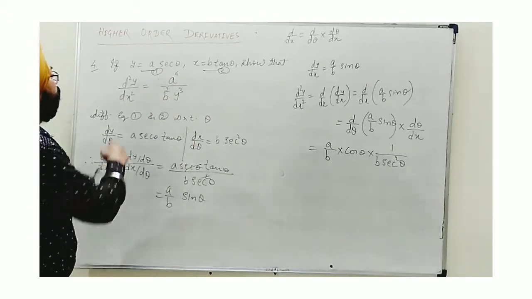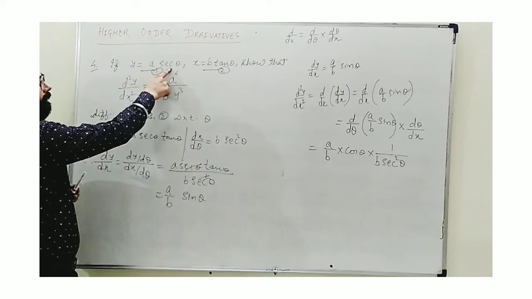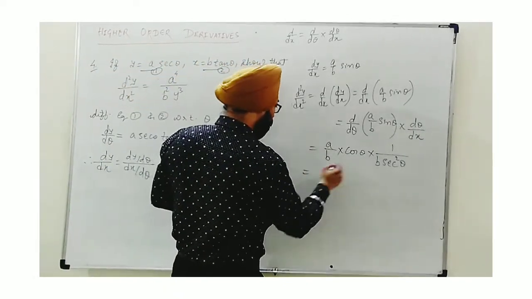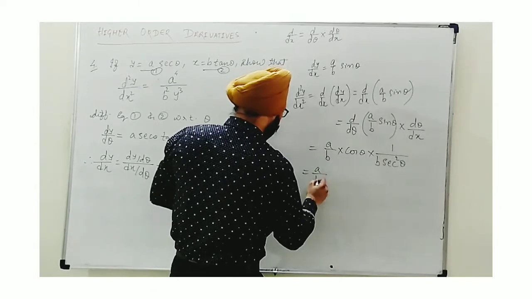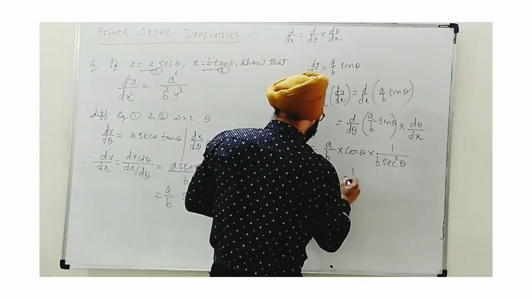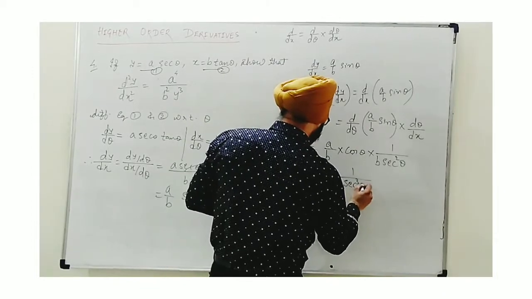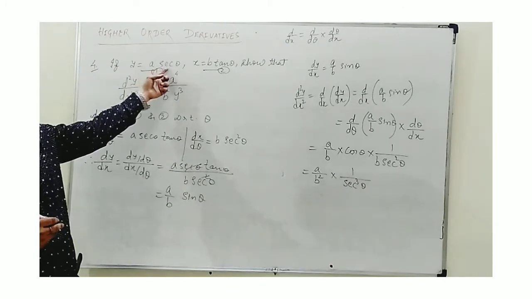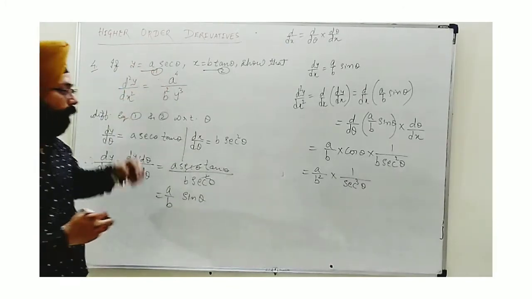So we see y is related to sec theta. So we can do one thing here. This will become a upon b square, cos is 1 upon sec, so this turns into 1 upon sec cube theta. So that's why I put in the value of sec. From here we can see sec theta is equal to y upon a.